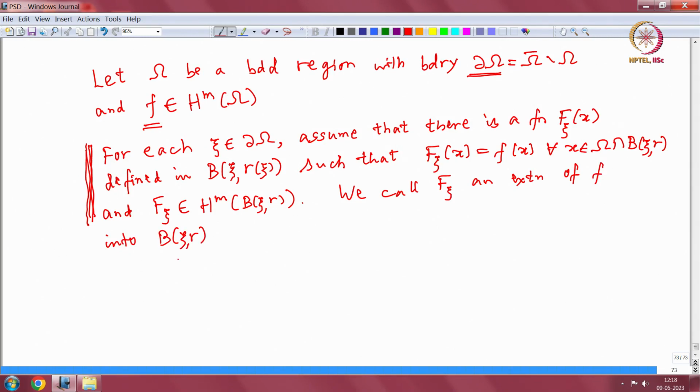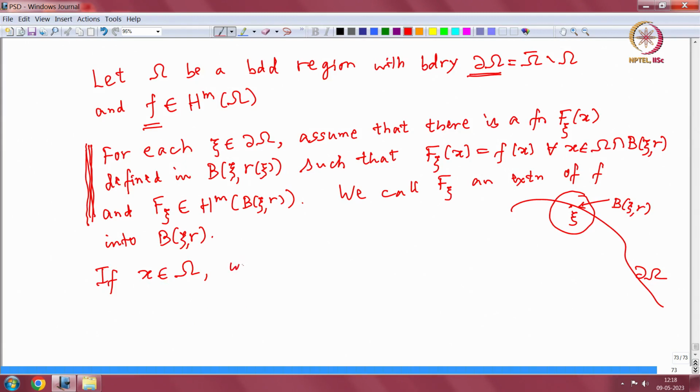Okay. So, here is a picture. Okay. So, this is del omega. So, a j is there. So, this part, okay, this is r. So, if x is in omega, this is just an observation. Since omega is open, there is a small ball around x, which is again contained in omega.